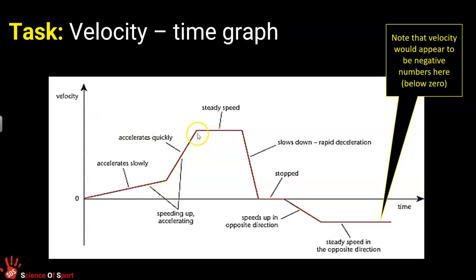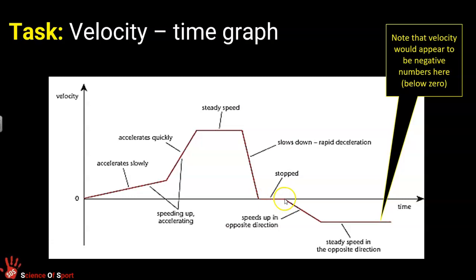The velocity in this phase is the same, it doesn't change, so there is motion, but it's constant velocity, constant speed, no acceleration or deceleration. But here, there's a deceleration to the point where the athlete or object is stationary here. There's 0 velocity. Over time, there is no change in velocity at 0, so they are stationary at this point.